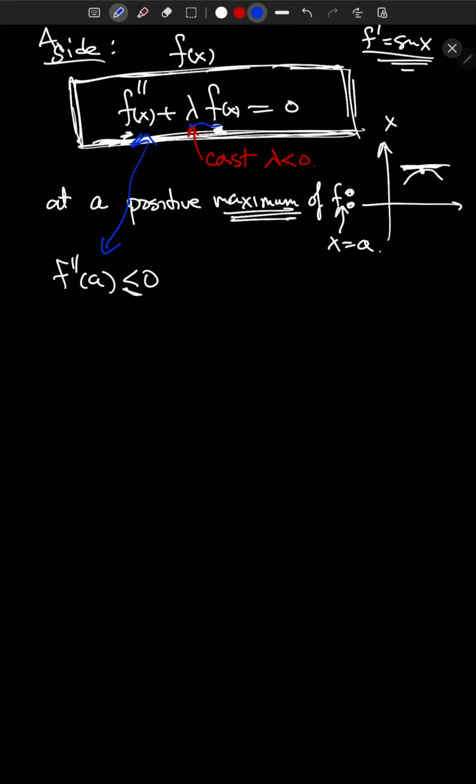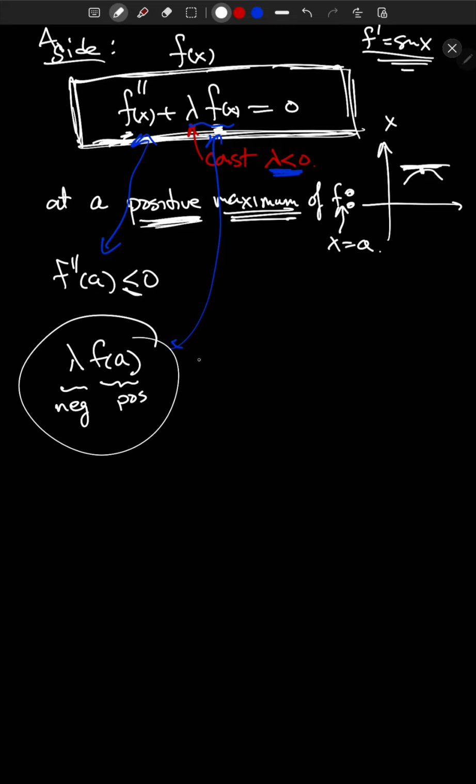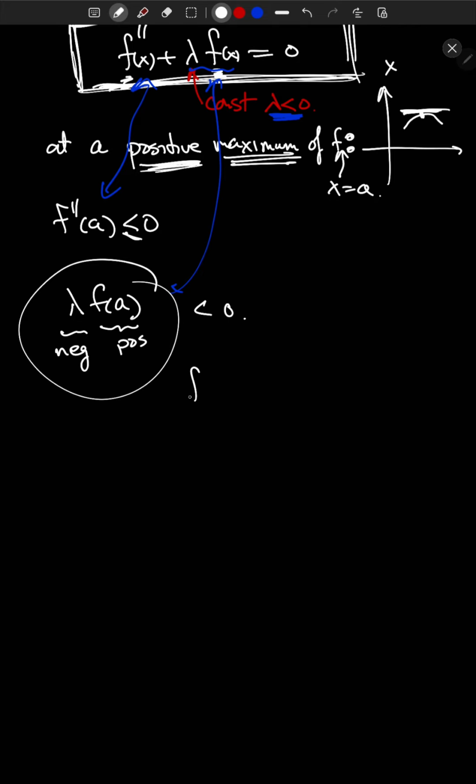What's the second term? The second term is lambda f of x. Well, we know lambda is less than 0. So lambda f of a: we're at a positive maximum, so f of a is positive. Lambda is negative. So this whole term is negative, strictly negative. And so f double prime of a plus lambda f of a cannot be 0.